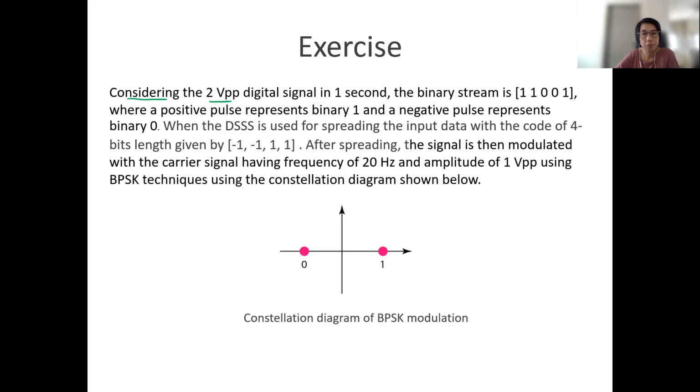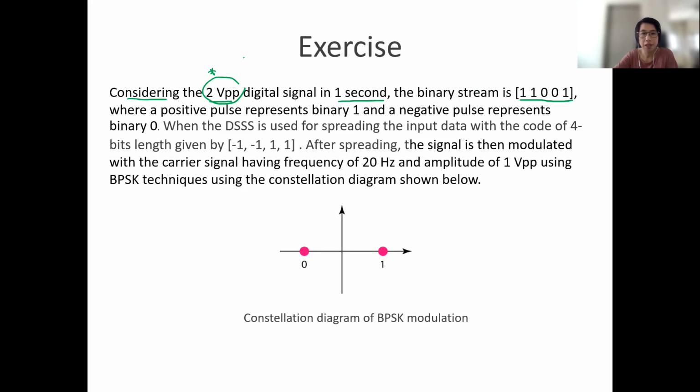Considering a 2 volt peak-to-peak digital signal in 1 second, the binary stream is 11001. Please note that this is a binary stream, but when you send the data, you have to send it as an electrical signal. And it mentions here that the amplitude is 2 volt peak-to-peak.